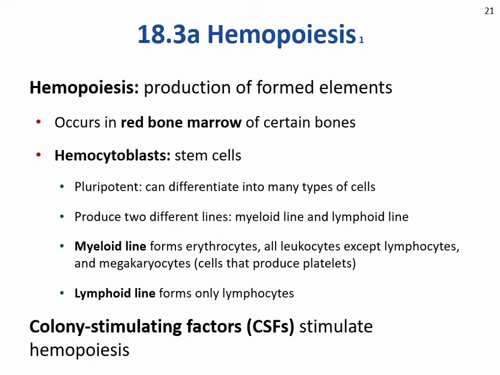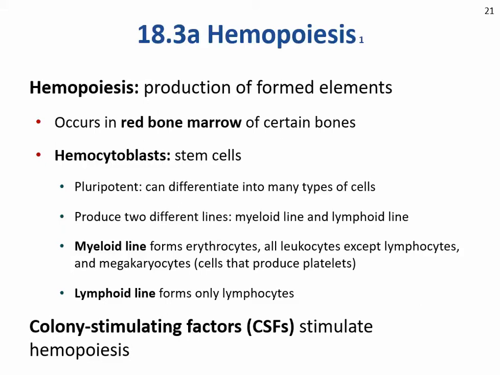Now, the stem cells are called hemocytoblasts, blood cell formers. Blast means to form. So blood cell formers, they're the stem cells. Now what's interesting is that the hemocytoblasts, these stem cells, can become many different types of cells.